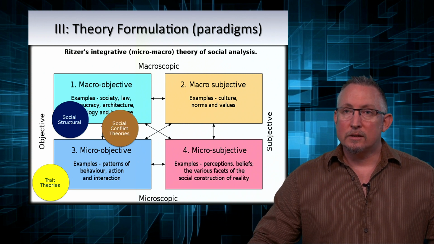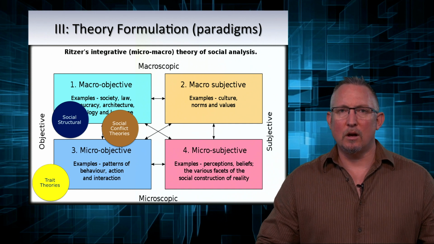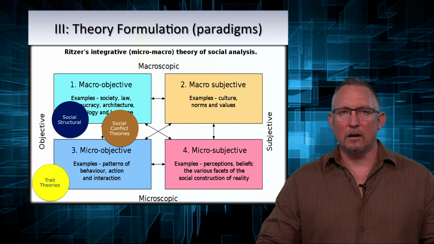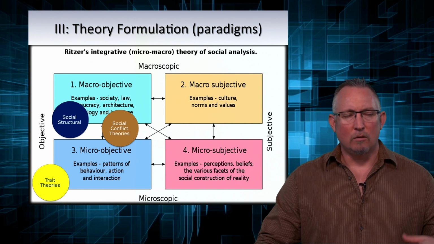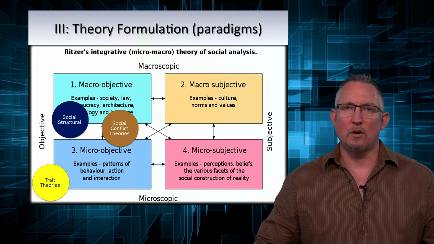Social conflict theories, as we mentioned, tend to be situated in this middle range as well, but they're not quite as positivistic. Right? Many social conflict theories, as we've looked at, take issue with the construction of knowledge. Okay?